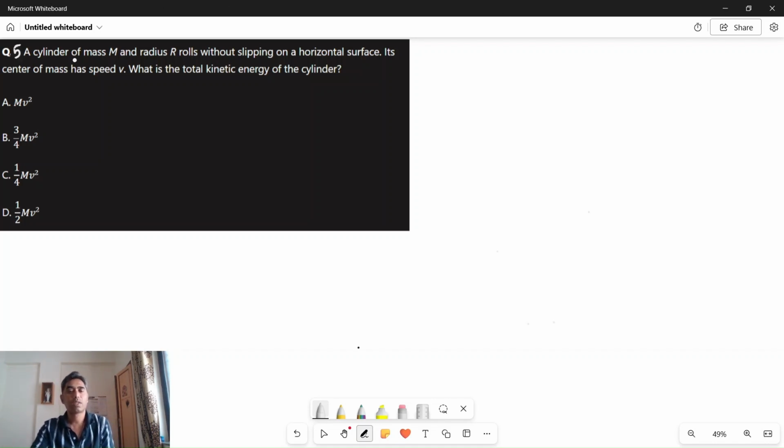A cylinder of mass m, radius capital R, rolls without slipping on a horizontal surface. The center of mass has a speed v. What is the total kinetic energy of the cylinder? See, it's a rolling cylinder, right?